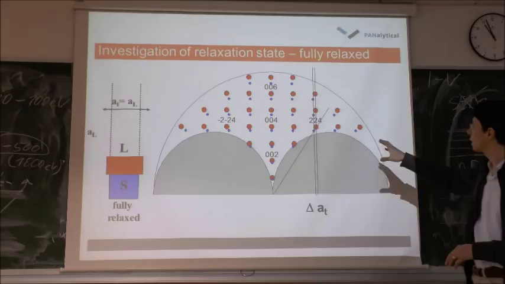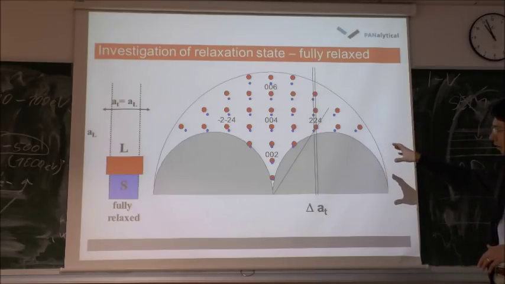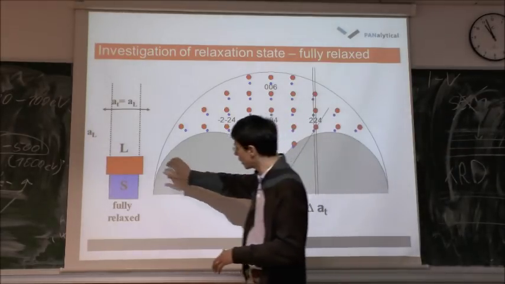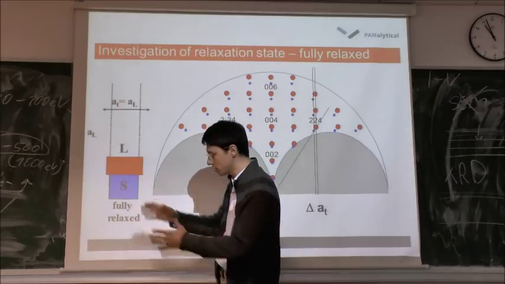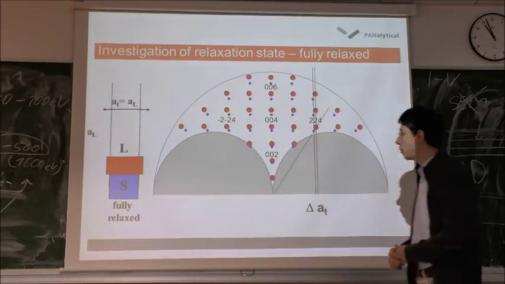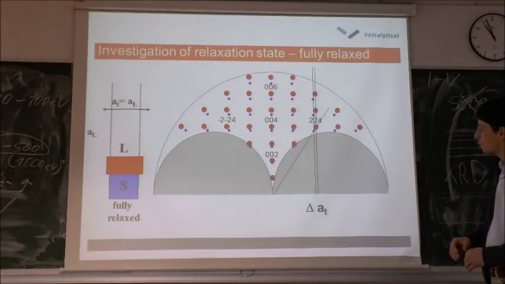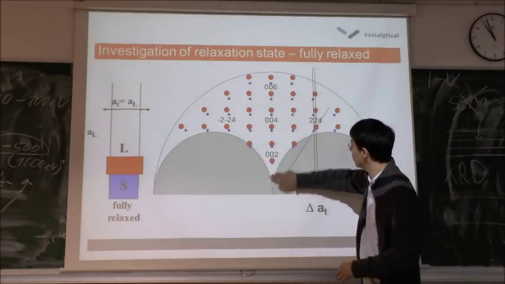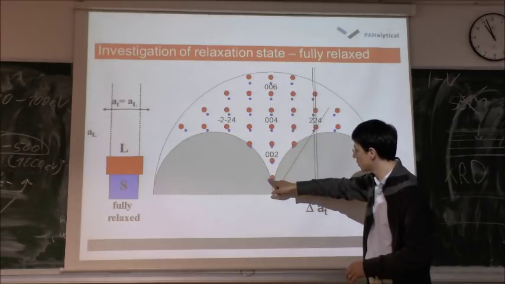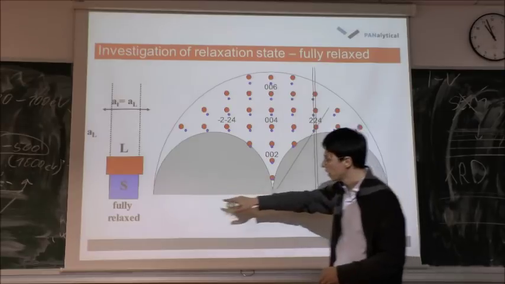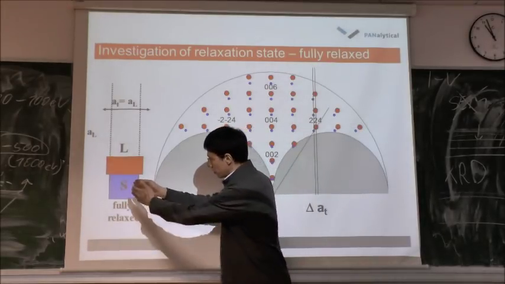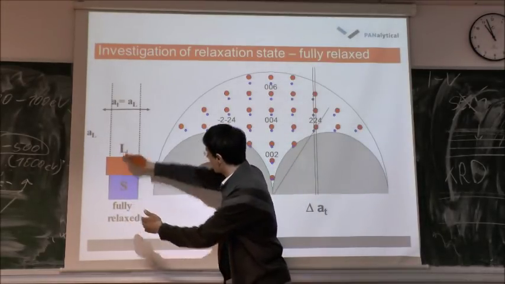So here we have, let's say, a fully relaxed film. You can see that actually it does not fit to the substrate, so it's just on top of it. And how can we observe that? In the symmetrical scan you don't see any displacement in this direction, because you analyze material in this direction.